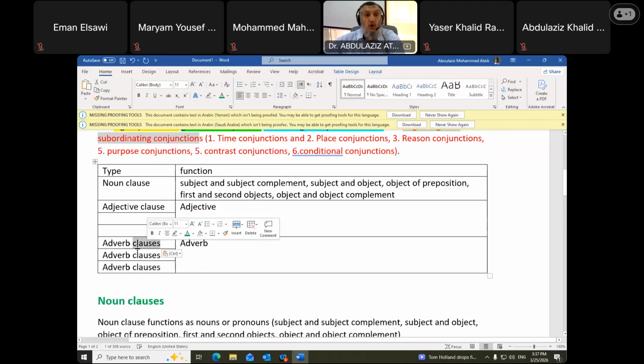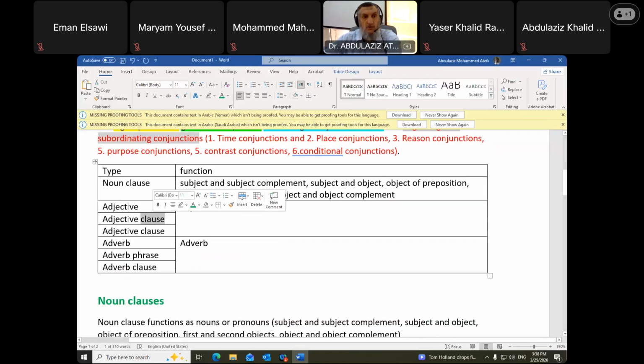Adverb word, one word. Adverb phrase. Adverb phrase, adjective, adverb phrase. Okay, here similarly. Adjective, adjective phrase, adjective. Okay, so when you see noun, yeah, it can be noun phrase, noun, yeah, I forgot to divide this.